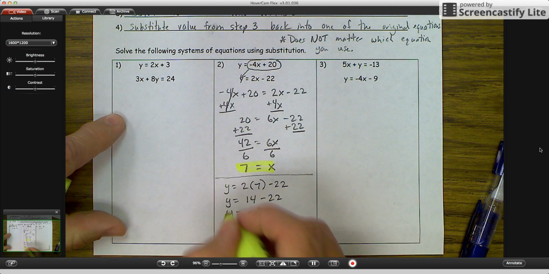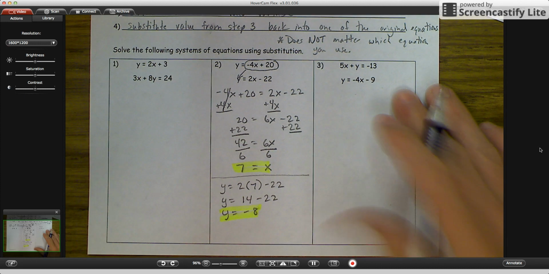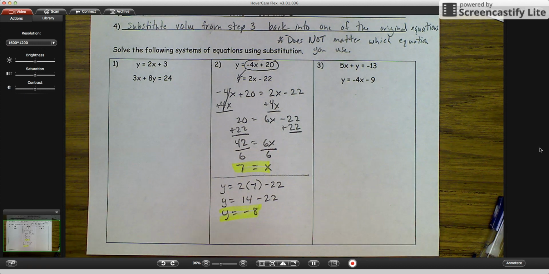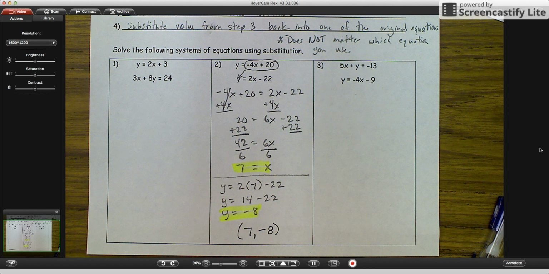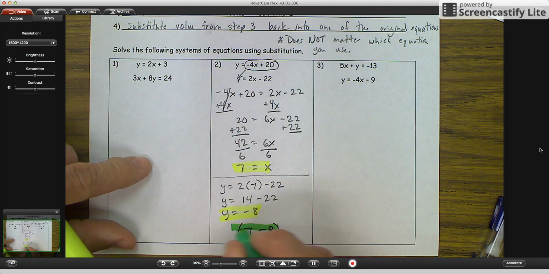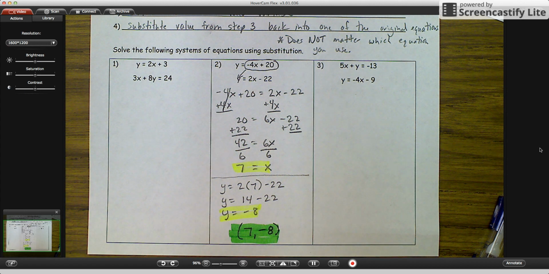So the solution for the middle system of equations is 7, negative 8. And that would be your answer. That would be the point where these 2 lines, as they are graphed, intersect. Okay? Finish the other 2 questions and bring them in to check your answers.